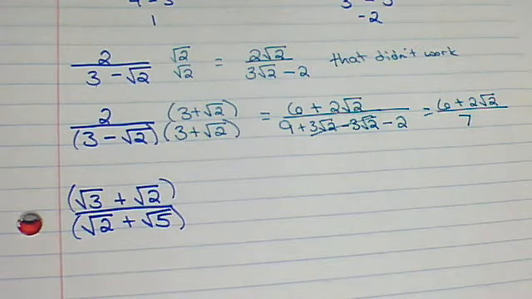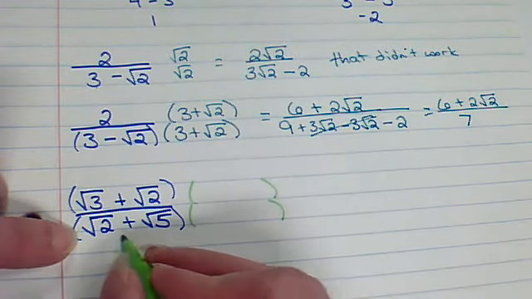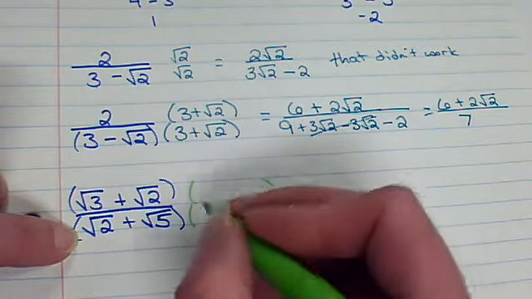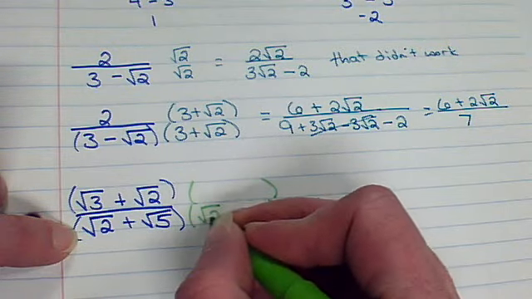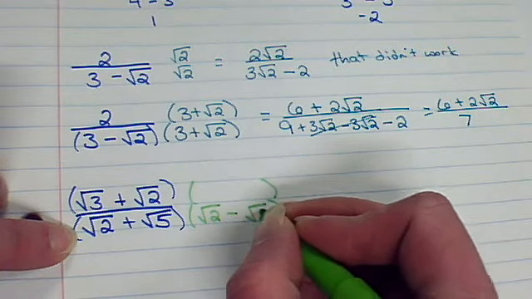Well, since we looked at this example, let's go with multiplying by the conjugate. Now we're multiplying by the conjugate of the denominator. So if this is square root of 2 plus square root of 5, the conjugate would be square root of 2 minus square root of 5.